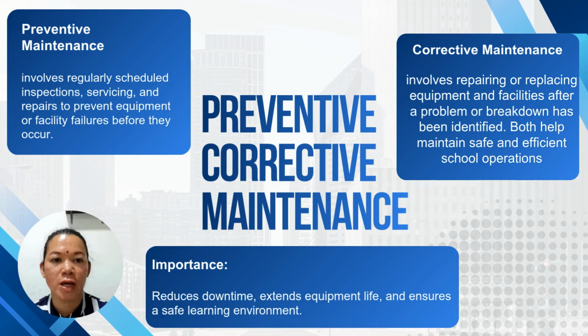It involves repairing or replacing equipment and facilities after a problem or breakdown has been identified. Both help maintain safe and efficient school operation. So what is the importance? It reduces downtime, extends equipment life, and ensures a safe learning environment.